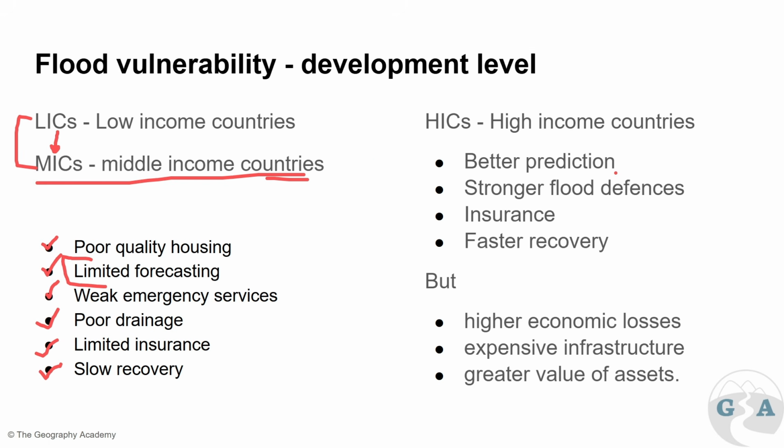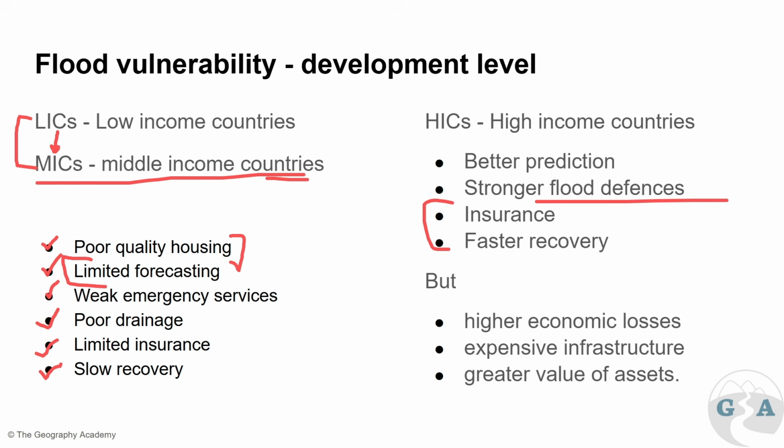In HICs, you might see better prediction, stronger flood defenses, insurance, and fast recovery, able to deal with it. Flood defenses are very expensive, and because you have such mixed housing in LICs and MICs, it may be cheaper to do it there, but it is still relatively expensive for their government to produce.